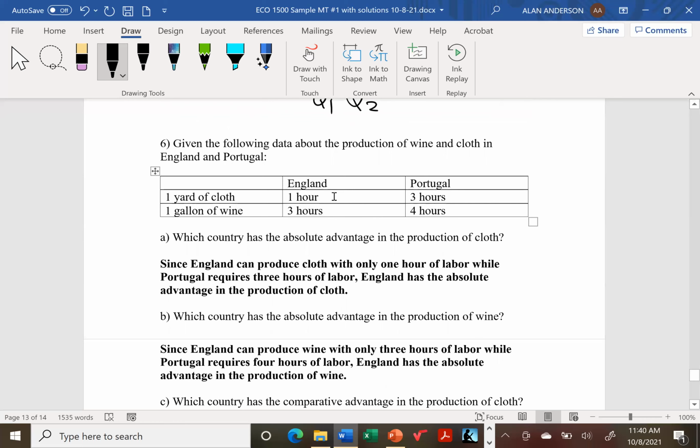Well, not much. If they can make a yard of cloth with an hour of labor and a gallon of wine requires 3 hours, that means that hour of making cloth only costs them the opportunity to make 1/3 of a gallon of wine.